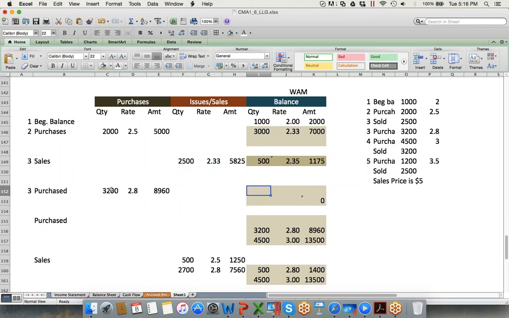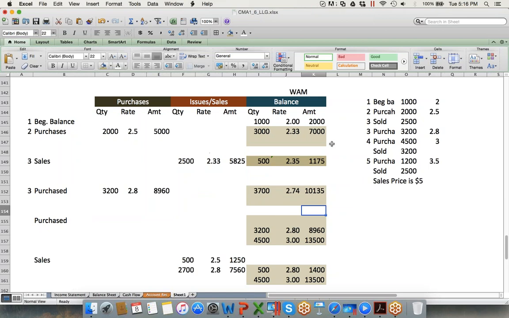So total is 3,700 units. At the same time, I have a value of 1,175, and now recently purchased is 8,960, total 10,135. Now find the latest price, 10,135 over 3,700, 2.74. 2.74 is going to be my next issue price.